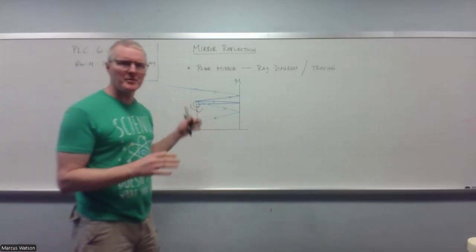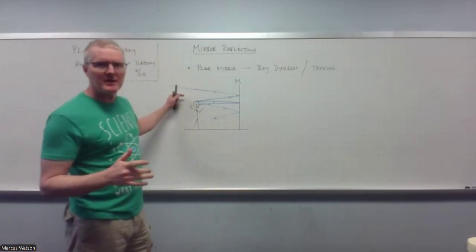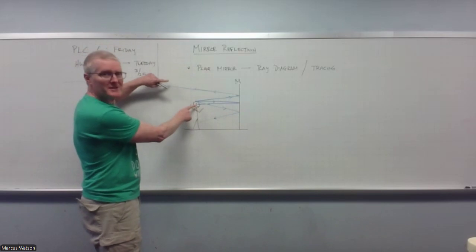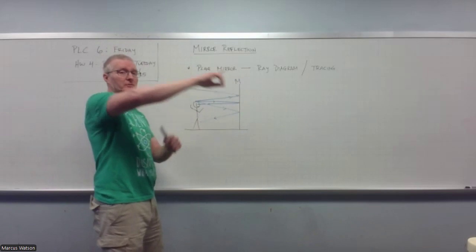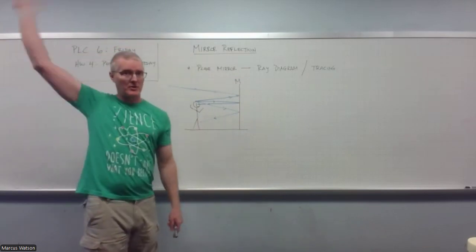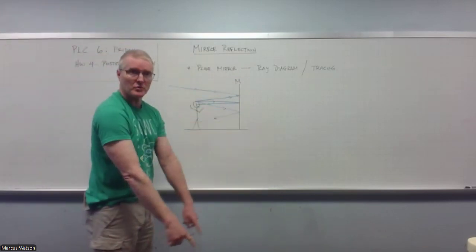So I've got a couple of rays just off the top of the head. Notice the only one we see is the one that hits us in the eye. These two we don't end up seeing. However, they are light rays that are reflected from the mirror over our head and down towards our feet.